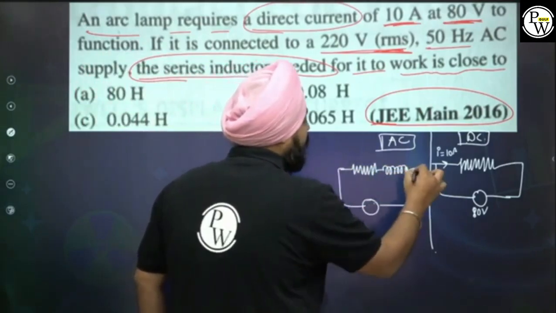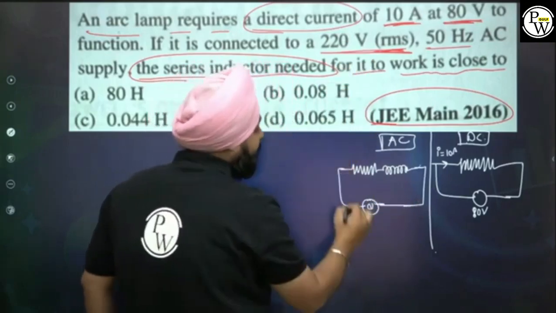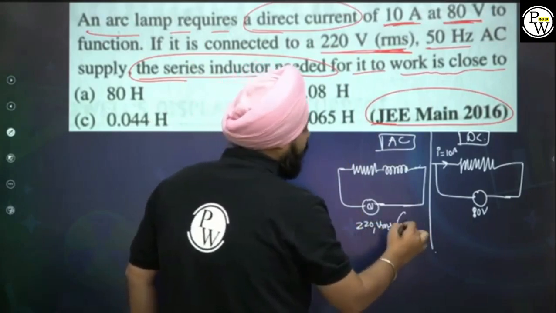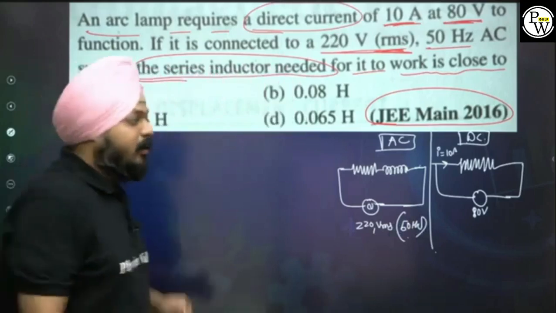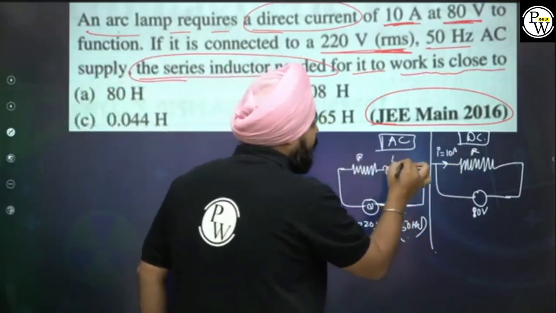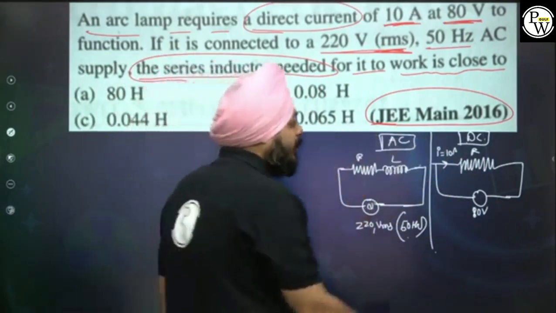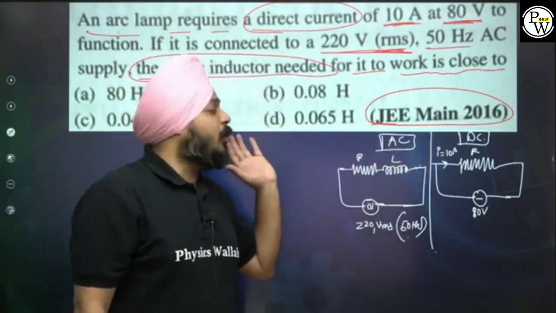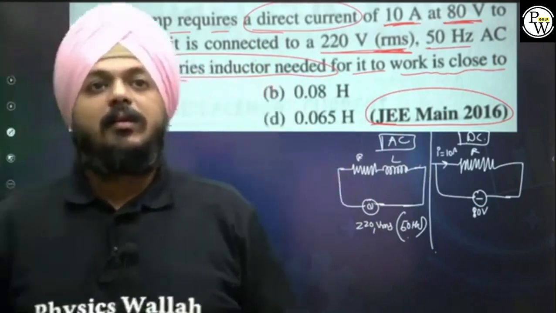It is constantly given the alternating supply. Now data regarding the supply is given: 220 V RMS value and 50 Hertz of frequency. Here the value of the resistance is R, and here the value of the resistance is R, and the value of the inductor is the same. Now in both of the circuits, they are saying the work done is nearly close to each other.